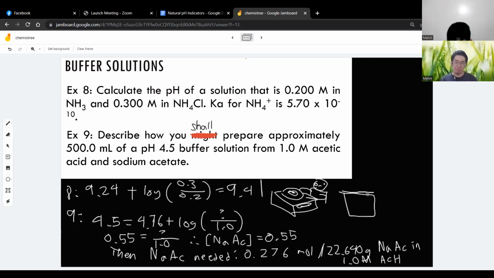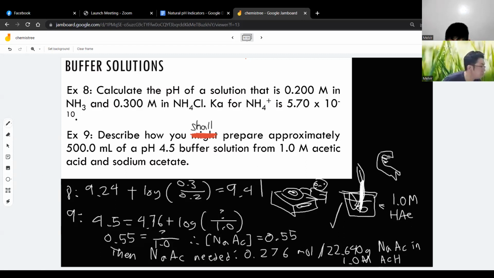And then simply dump it into the beaker containing what? Okay, containing 1.0 molar acetic acid. Okay, simple as that. So I think we're good with that problem.